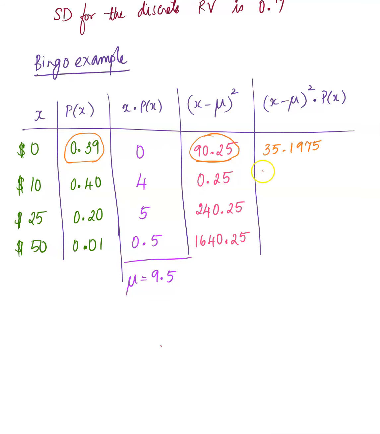Then these two will be 0.1, right? 4 times 25 is 100, so 0.1. 48.05. 16.4025, because you just move the decimal point, because it's basically like times 1, but you have to move 2 decimal points to the left, so that's what you have there.